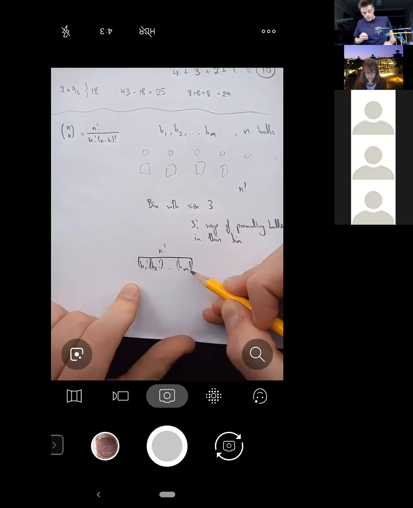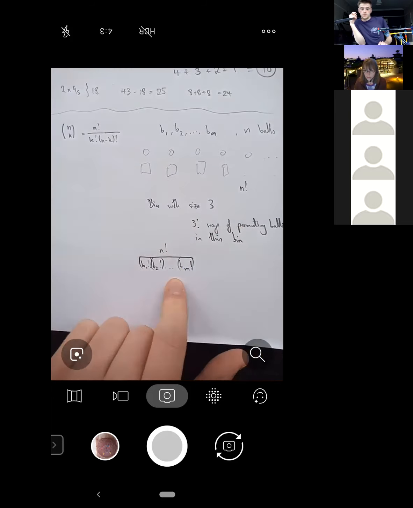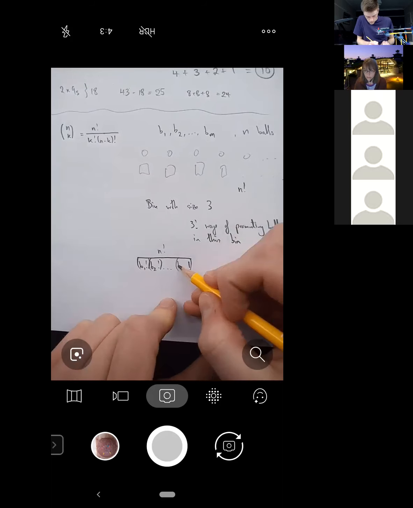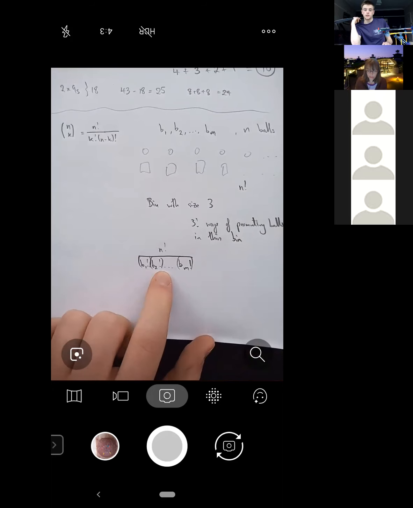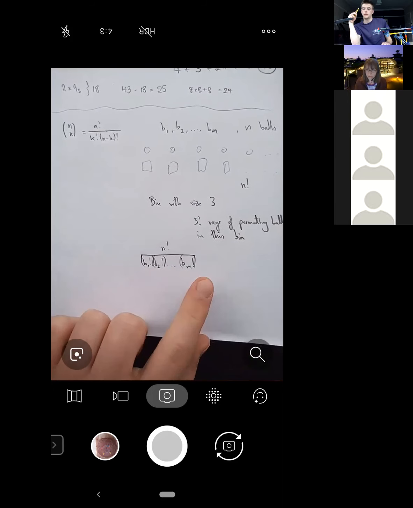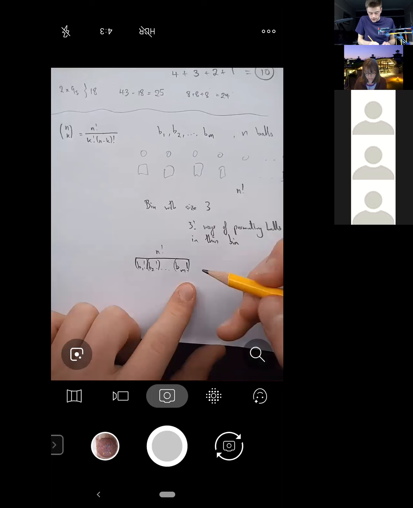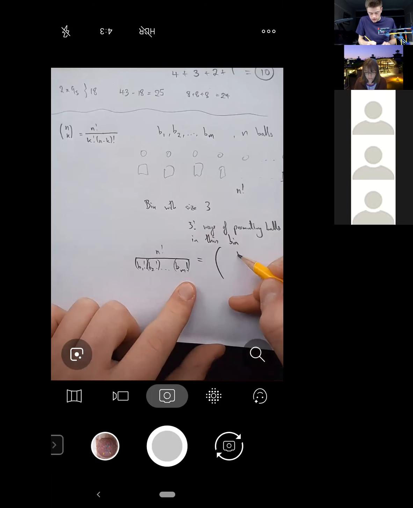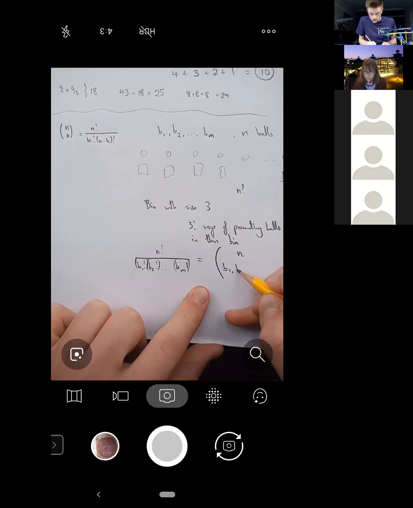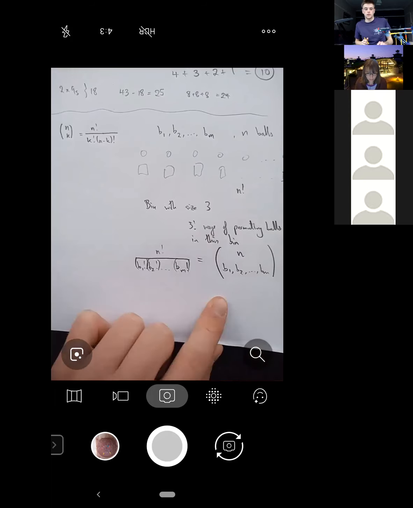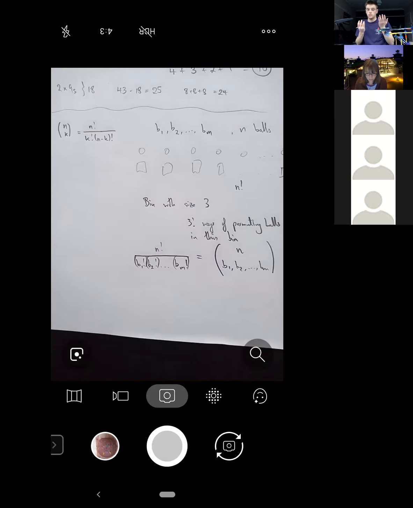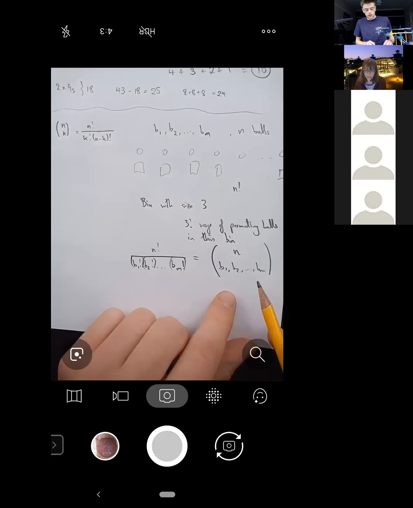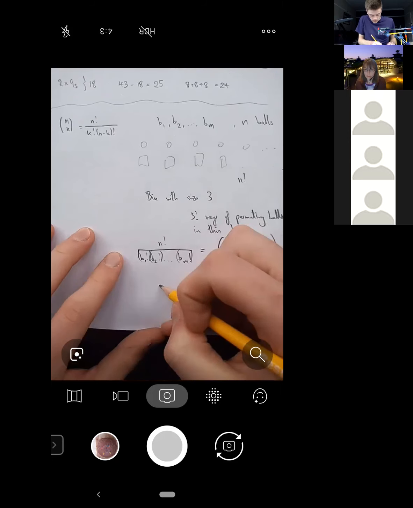Remember, B1 and so on are the sizes of the bins, and each term on the bottom corrects for the overcounting I've done in each of those bins. We write this with the notation N over B1 comma B2 up to Bm. Note that B1 plus B2 plus ... plus Bm has to be N. This is something called the multinomial.